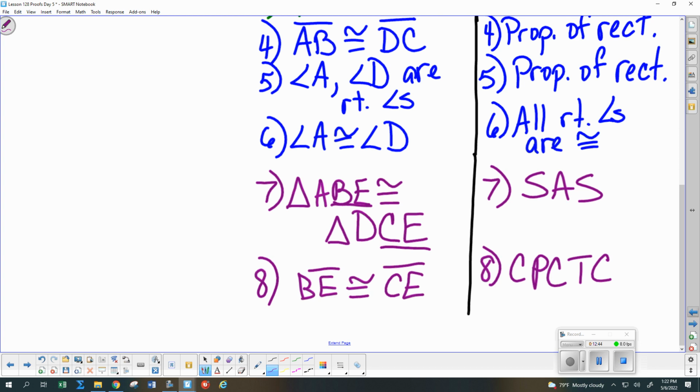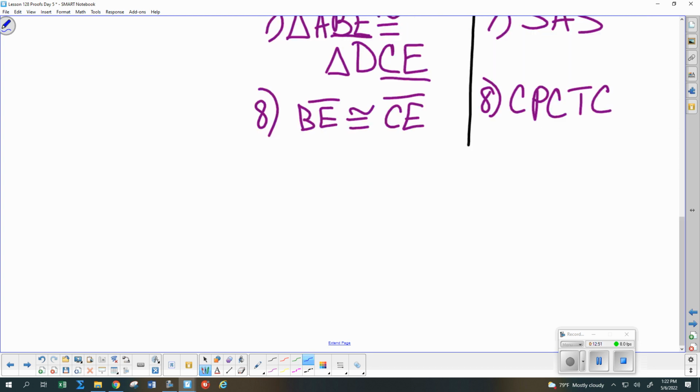Okay, I want to talk about one other thing in conclusion here. It just kind of summarizes something that we just did. If you have a given that you have perpendicular lines, you can say you have right angles.